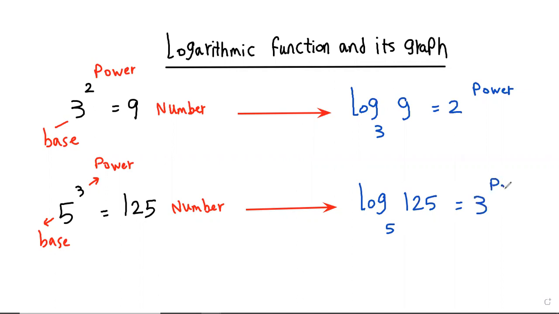So I'm asking about the power. So when I ask you about log 64 to the base 8, what does it mean? I'm asking about the power. We can raise 8 to it to get 64. This power is 2, because 8 to the power of 2 equals 64.